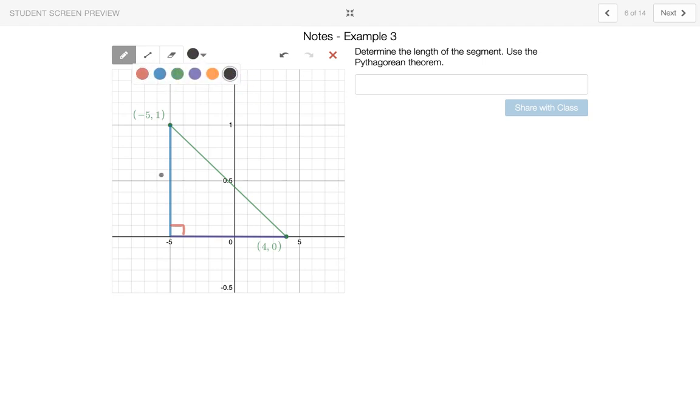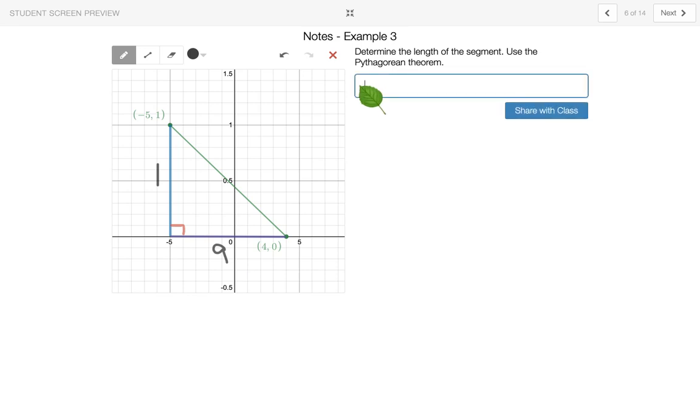Okay, so the vertical segment has a length of 1, and the horizontal segment has a length of 9. So now we use the Pythagorean theorem to calculate the hypotenuse. So we know that c squared equals 1 squared plus 9 squared. And that is 82.